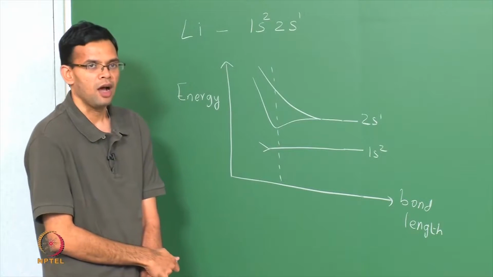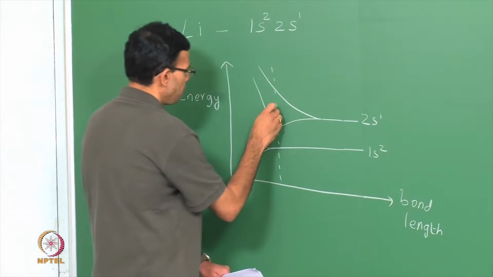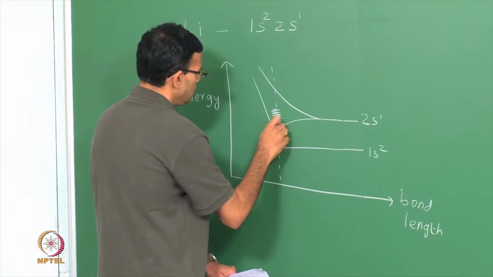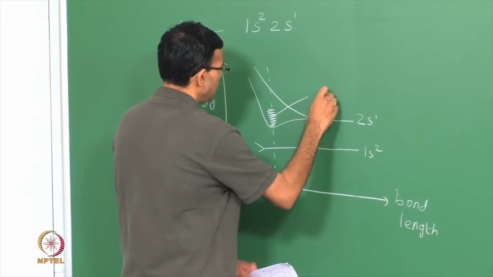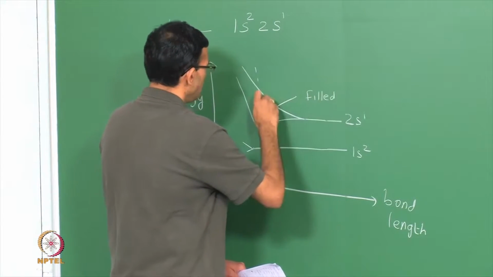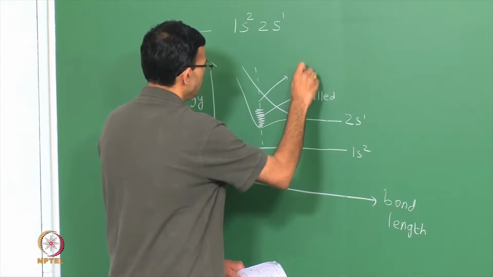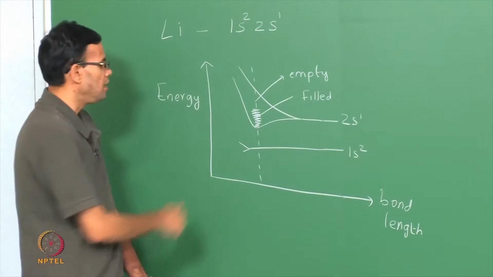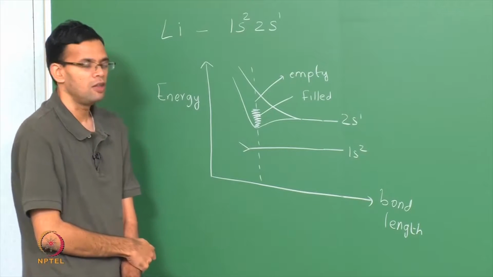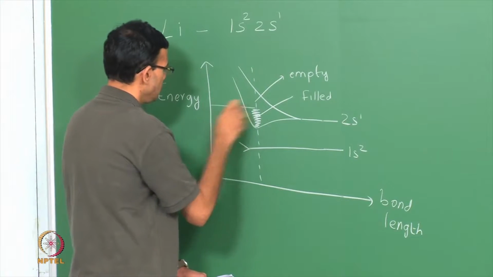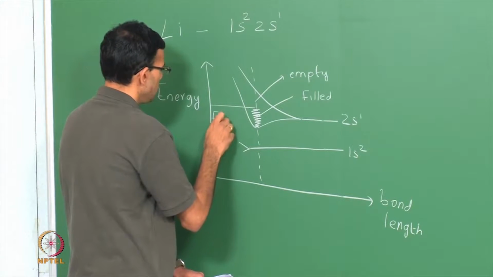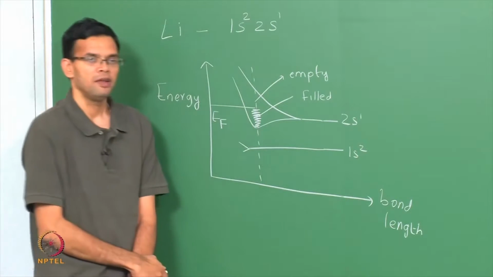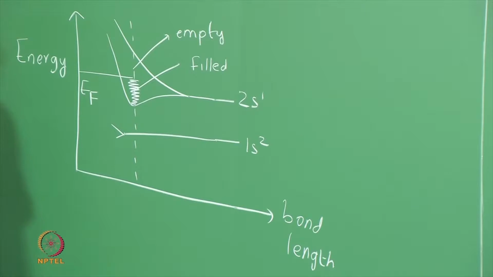The s shell is half filled, so the band is also half filled. These are the filled states, these are the empty states, and the highest filled state is called the Fermi energy. So, today we will move on to semiconductor materials and see how we can draw a similar picture for semiconductors.